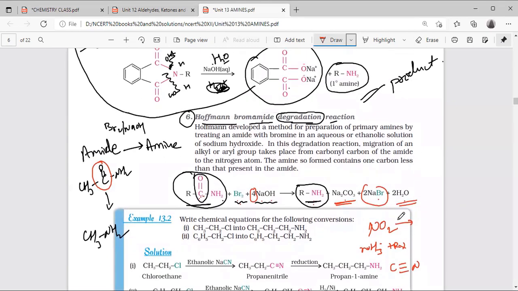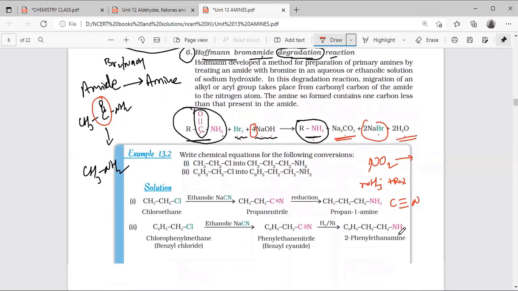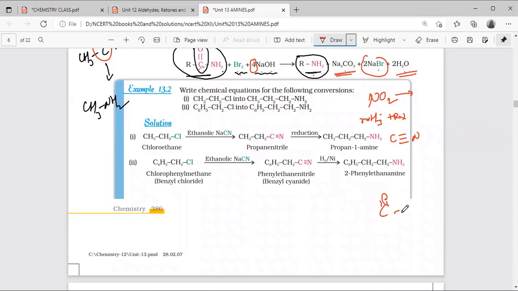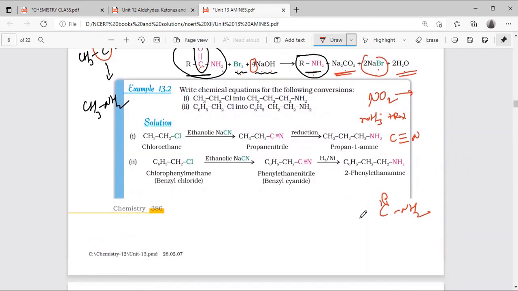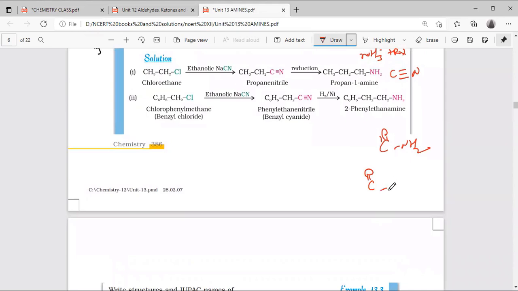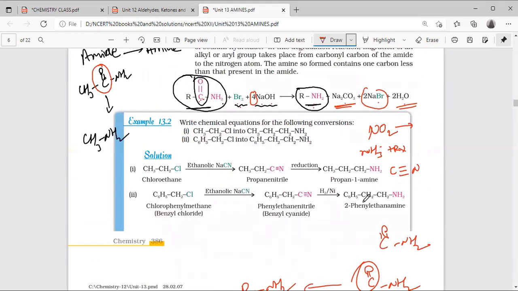Then Gabriel phthalimide, where we took amides. This is also an amide, but we are removing just CO and converting directly into amines. Amide to amine. Simple compounds we are taking and making into amines.